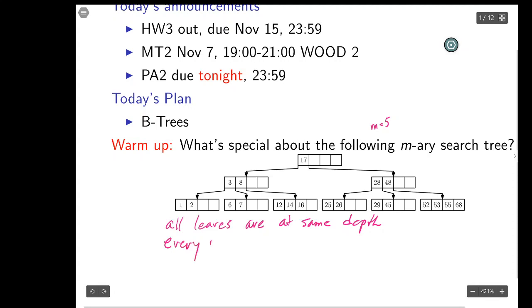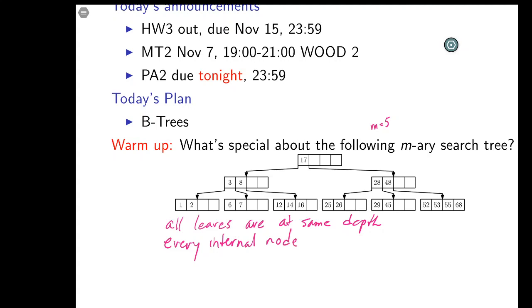Every internal node. Do you know what an internal node is? Did I tell you what an internal node is? No? Guess. What is an internal node? Is this an internal node?